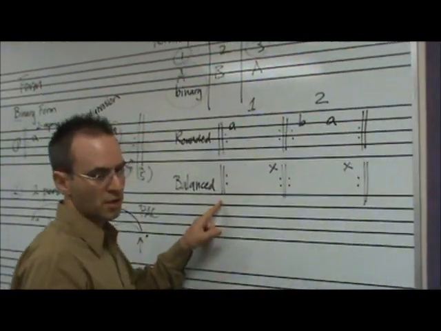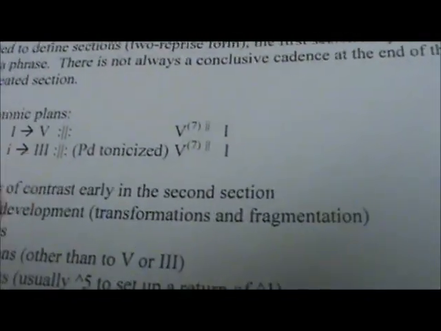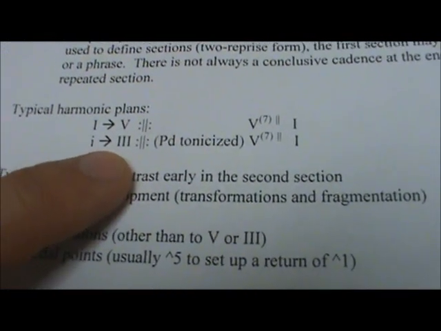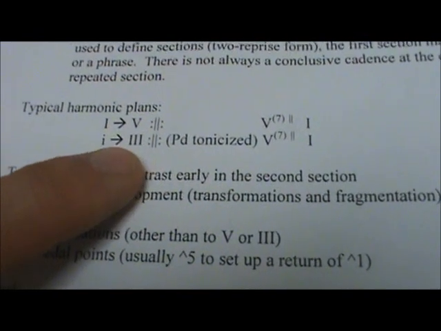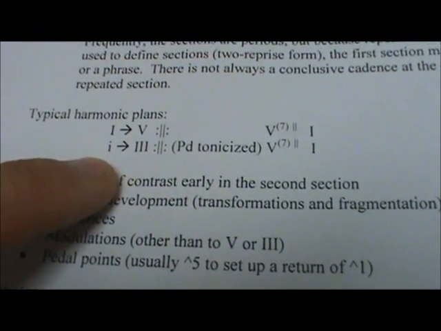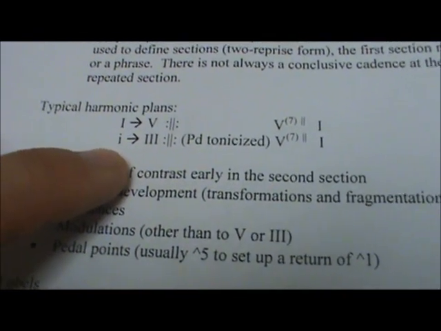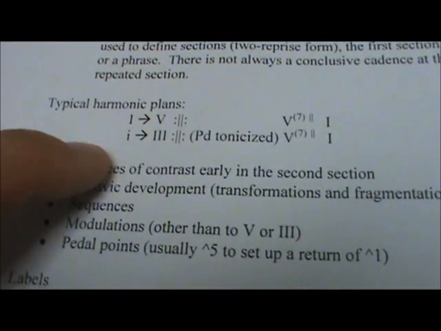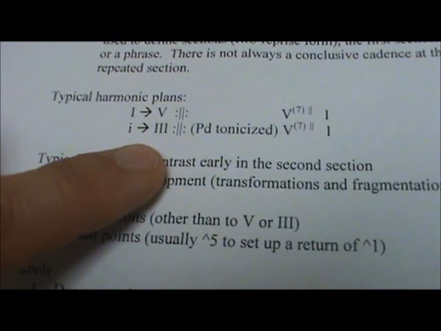You can see on harmonic plans on that sheet, up here, typical harmonic plans, that it's very common to modulate in the first section. They don't always, but if it does modulate, the two places to go are to 5 or to 3. Actually, if you're in minor, there are two possibilities. 3 is most common, so if I'm in C minor, I might go to E flat major.